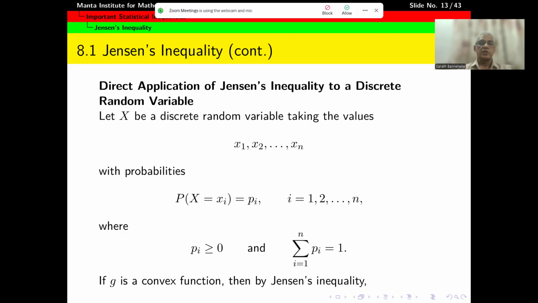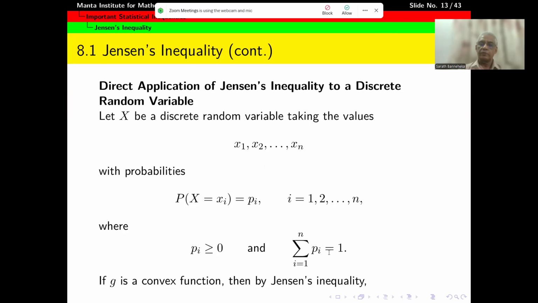So let x be a discrete random variable taking the values x1 up to xn. Right? We are considering a finite domain case with some probabilities p1, p2, p3 up to pn. If there are only n possible values, the probability of each value is given by pi, then all the probabilities are greater than or equal to 0 by property of probability, and the sum of the probabilities should be equal to 1.